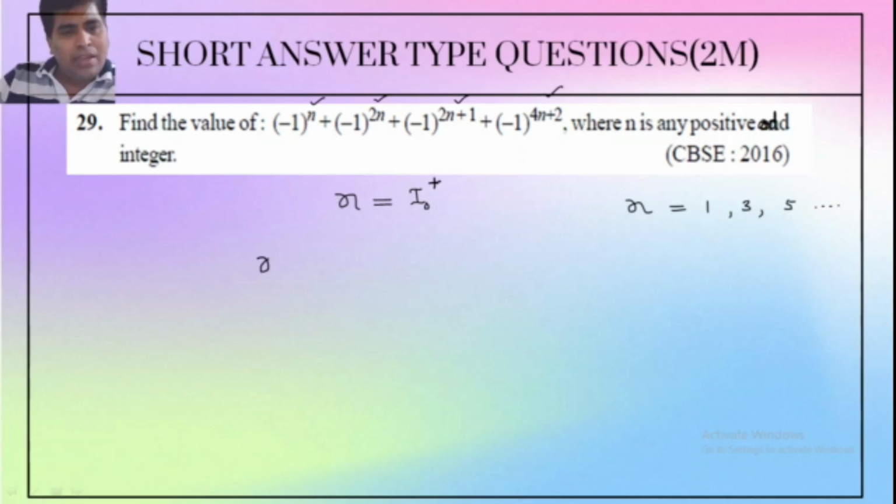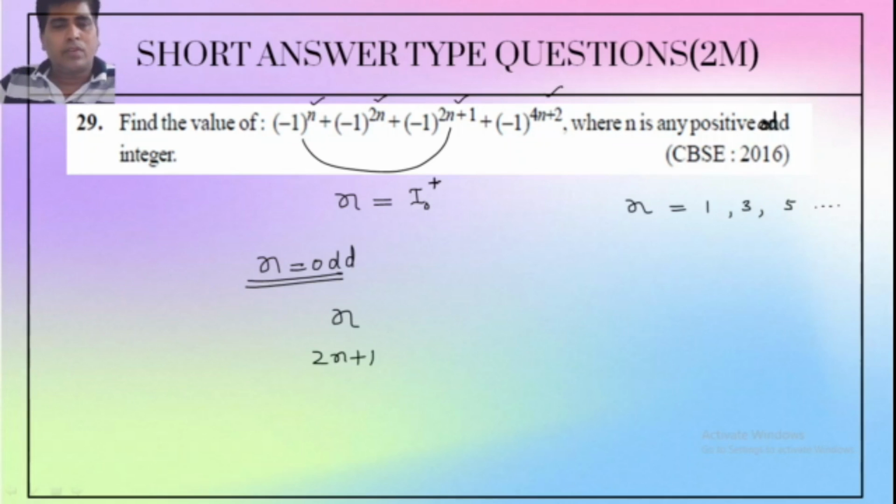So when n is an odd number, the first power n and the third power 2n plus 1, these two terms: when n is odd, n and 2n plus 1 are definitely also odd.